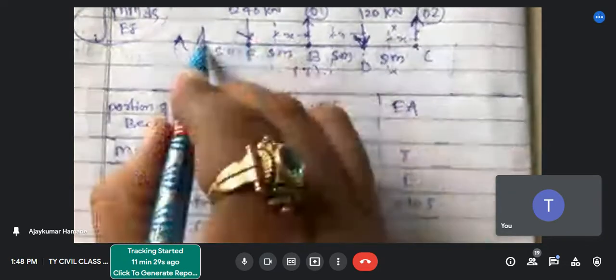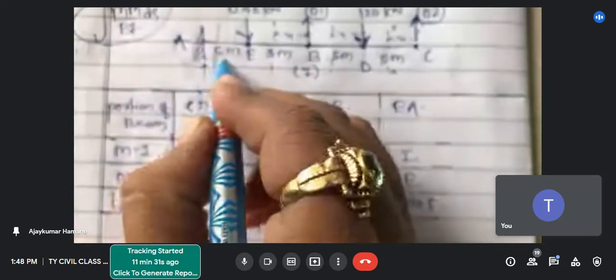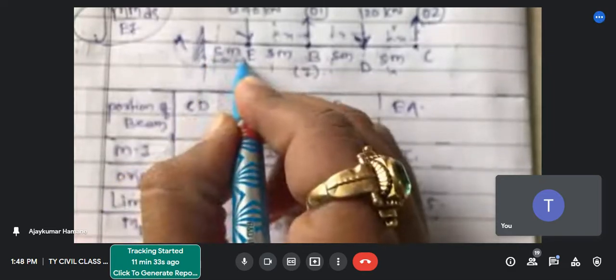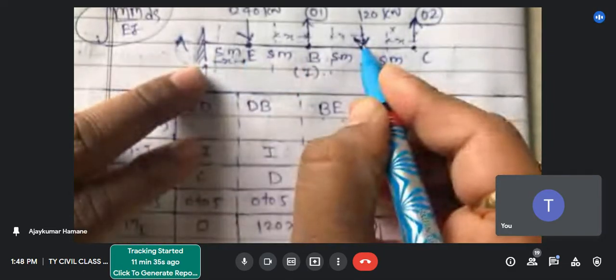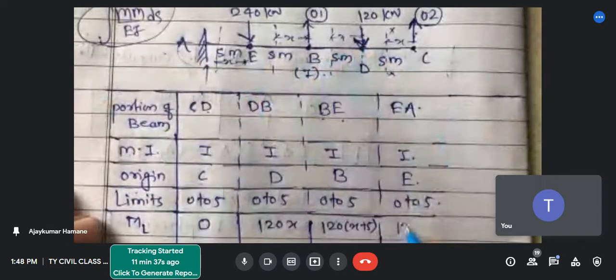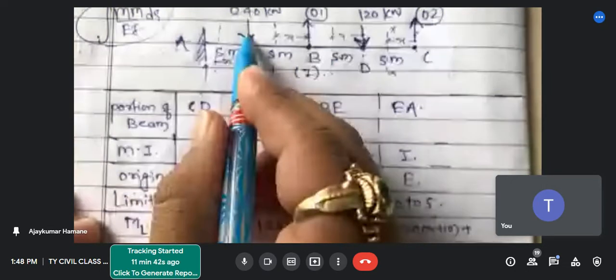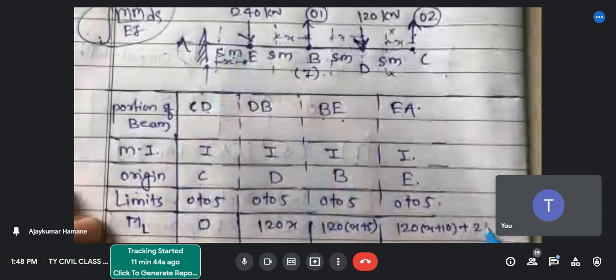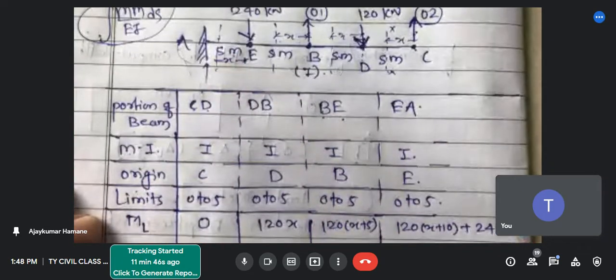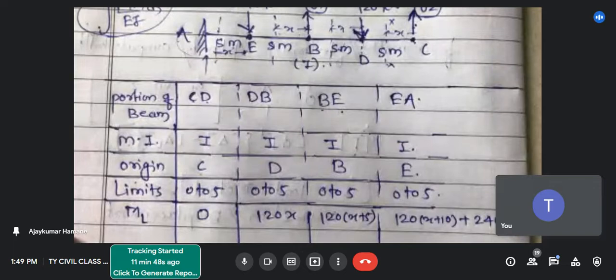And for EA, if I take a section here and E as origin, so 120 x plus 10 plus 240 x, this is the moment.